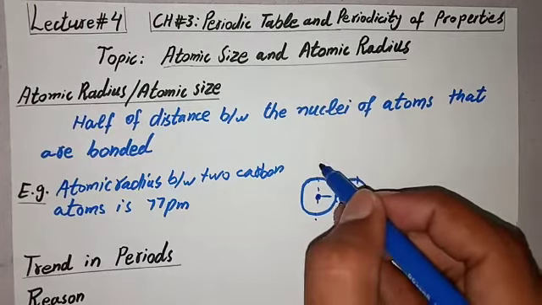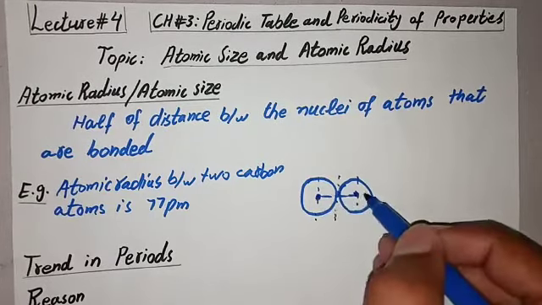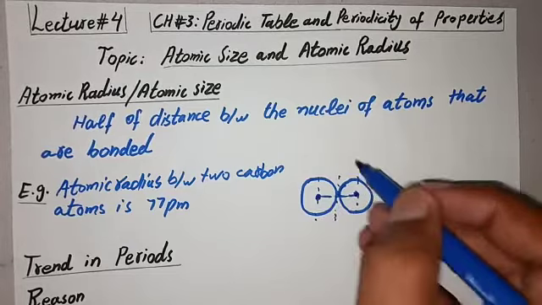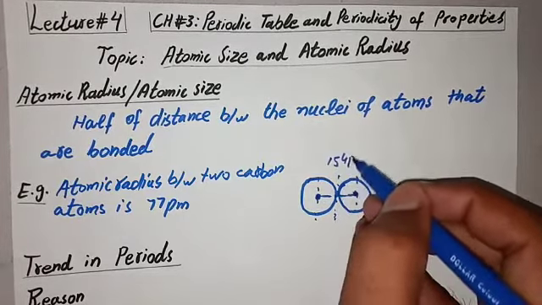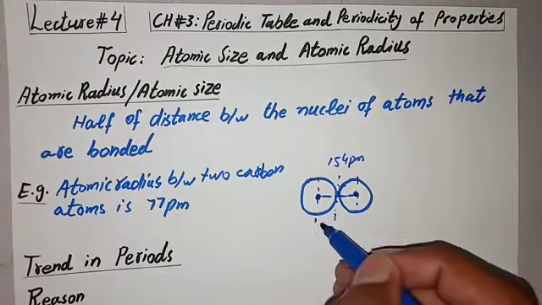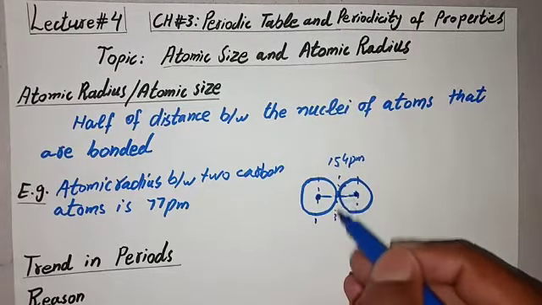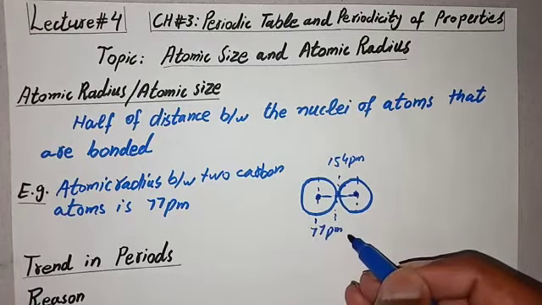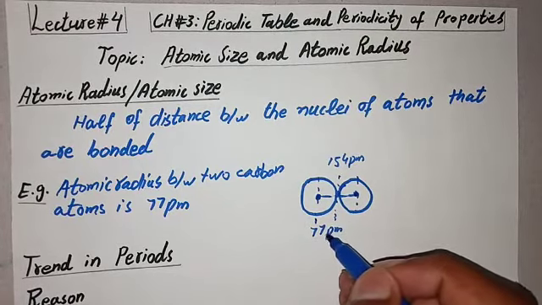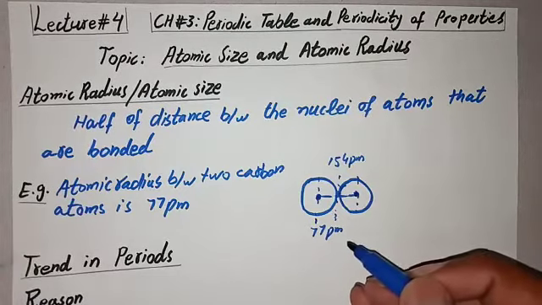For example, the distance from this nucleus to this nucleus is 154 picometer, but the distance from this point to this point, meaning its half, is 77 picometer. So its radius is 77 picometer. That is the carbon atom.